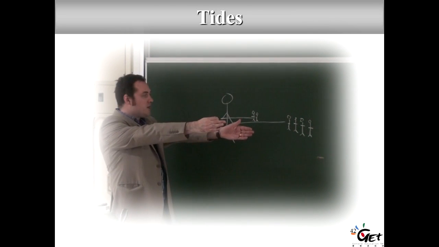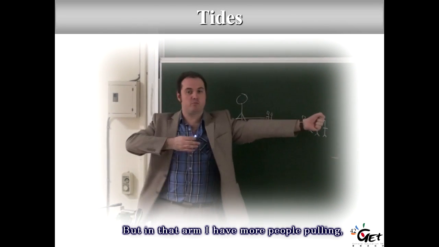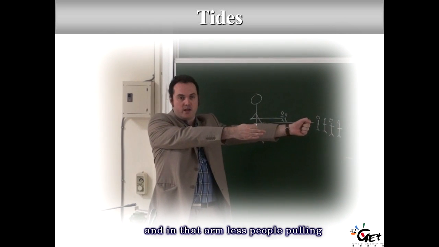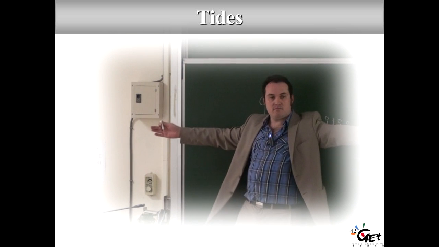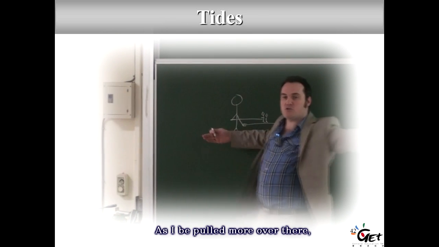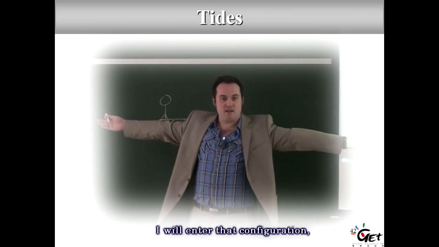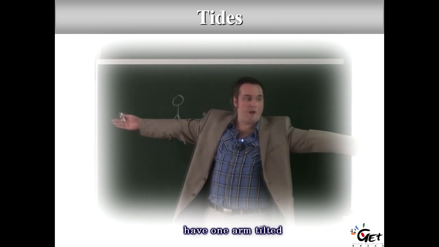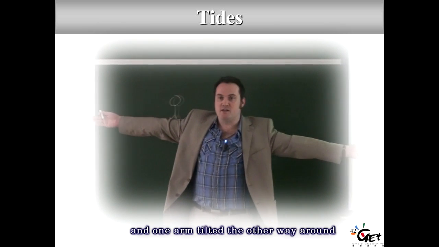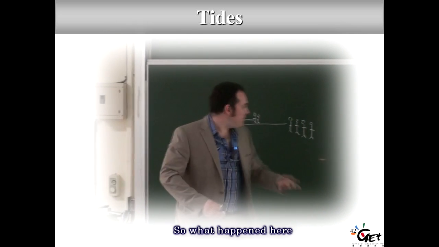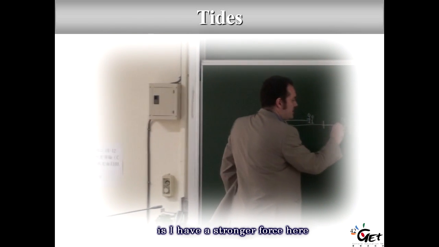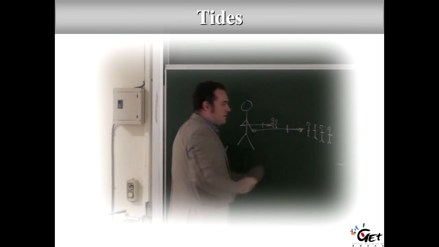But in that arm, I have more people pulling, and in that arm, fewer people pulling. What will be the effect is I will rotate. Okay? I will be pulled more strongly there. I will be rotated, and I will enter that configuration where I have one arm tilted and the other one tilted the other way around. So what happened here is I have a stronger force here and a weaker force here.